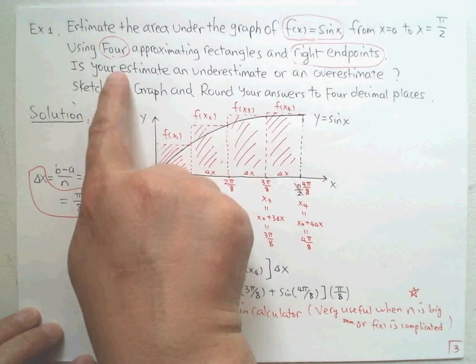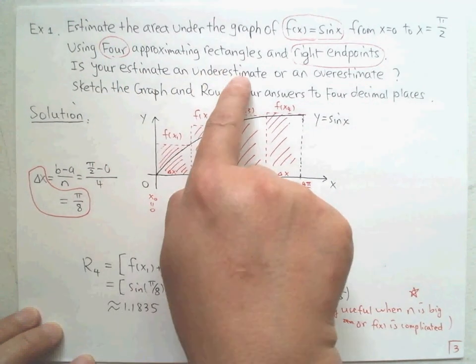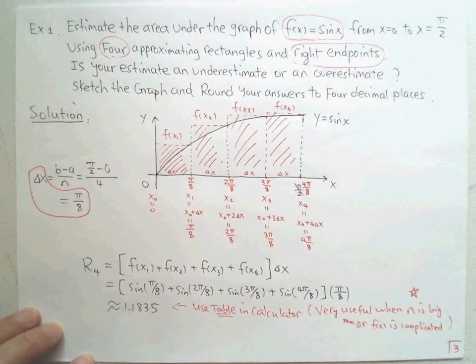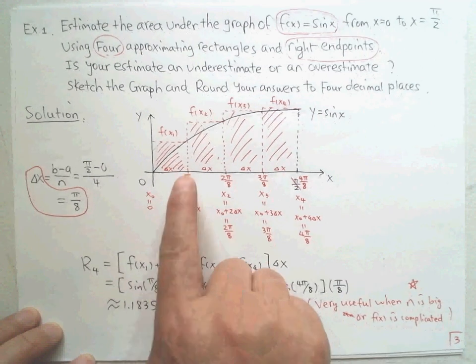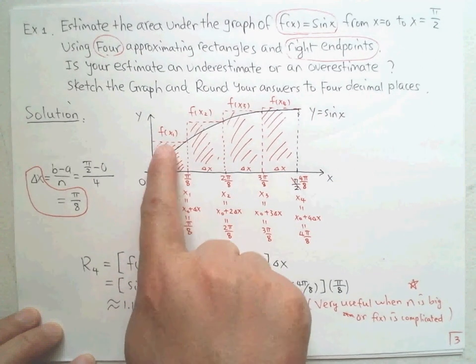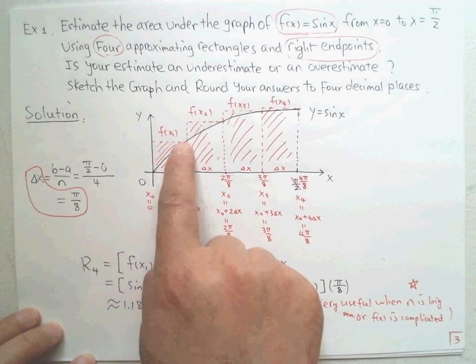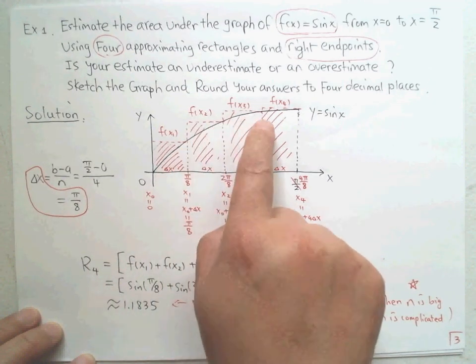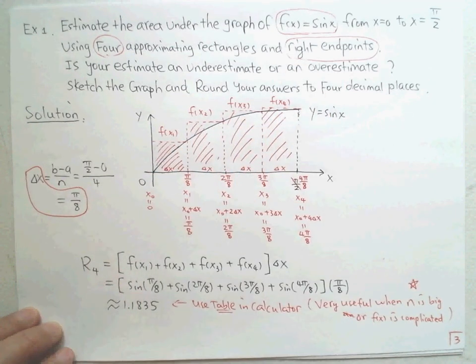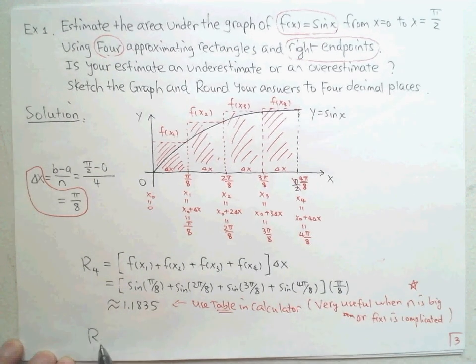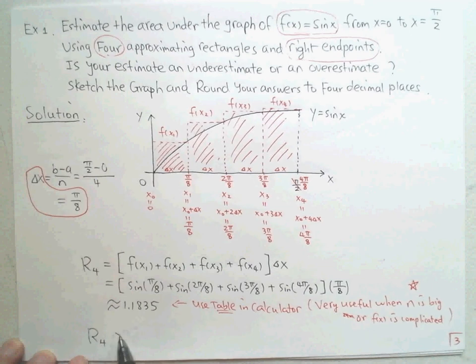Okay, so have we answered all the questions? Sketch and my answer. We have one question we did not answer: is your estimate an underestimate or overestimate? That's easy to see, right? The area of the rectangles is bigger than the area under the curve. It's bigger, so overestimate.